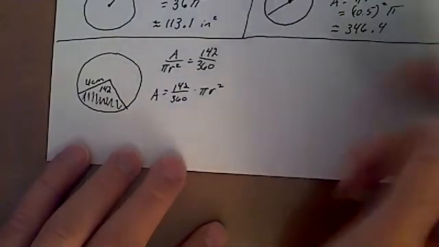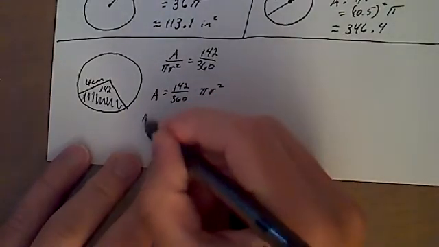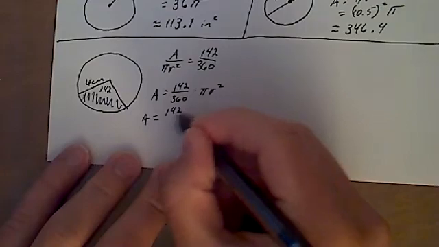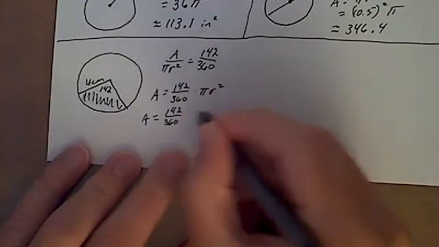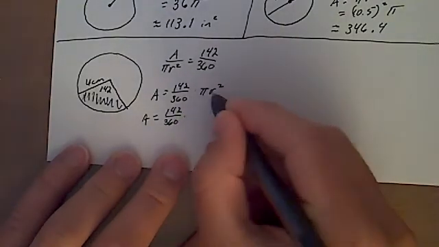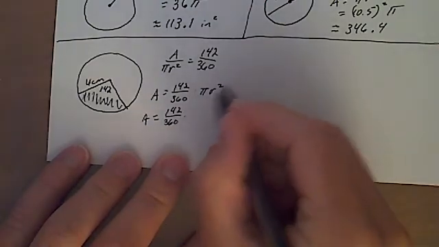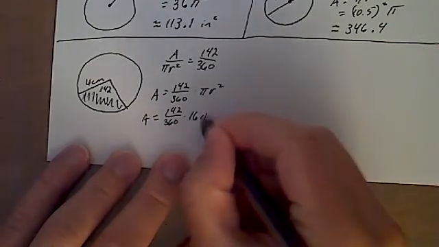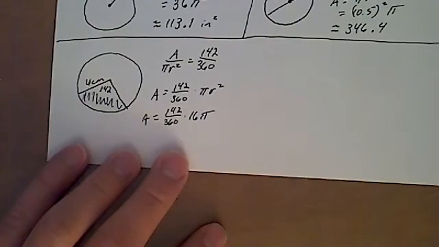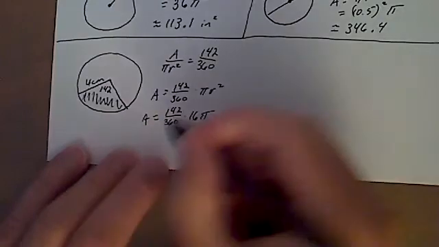It might be easier for you. So our area here is that 142 over 360 times pi r squared. R is 4, so this is times 16 pi. 142 divided by 360 times 16 pi is about 19.8.